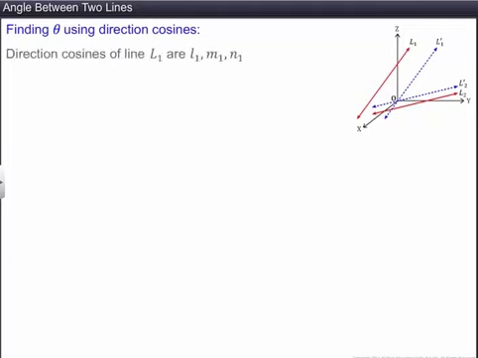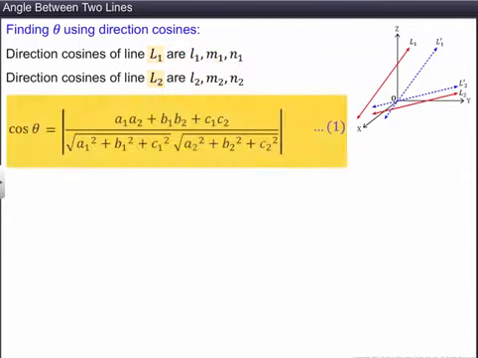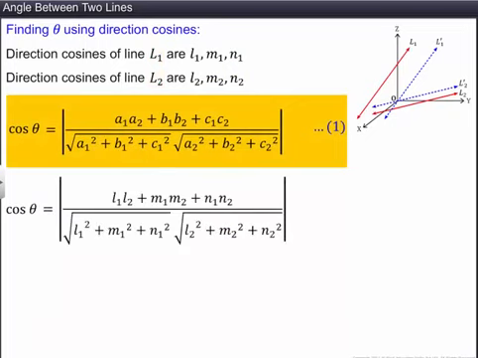If L1, M1, N1 and L2, M2, N2 are the direction cosines of lines L1 and L2 respectively, then from equation 1, cos theta can be written as shown. Let this be equation 3. We know that the sum of the squares of the direction cosines of any line is always equal to 1.